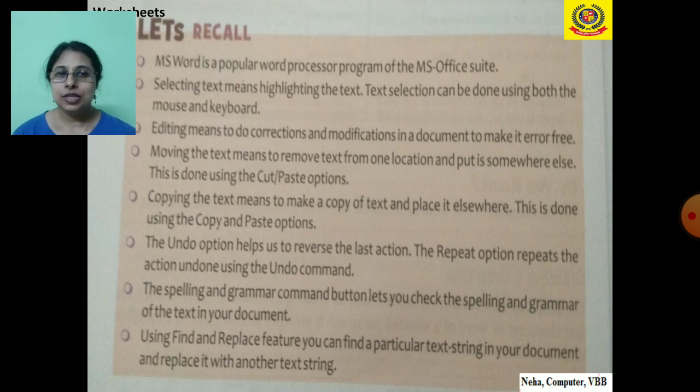So by using this function, we can search any particular word from a big paragraph or 4-5 pages or more than that. And if we want to replace that word or text, we can use the replace feature. So we have seen the recall of this chapter.